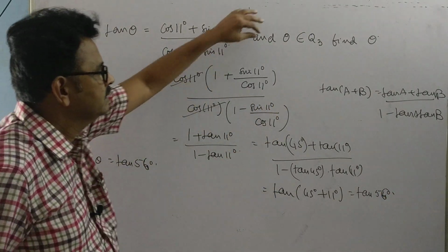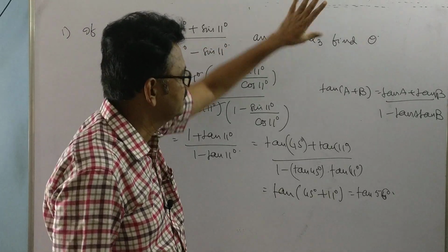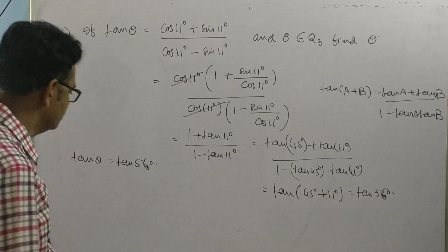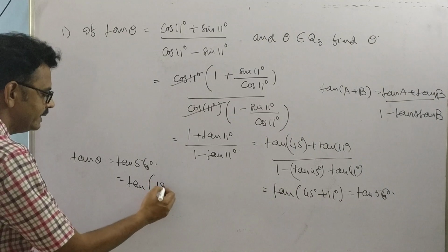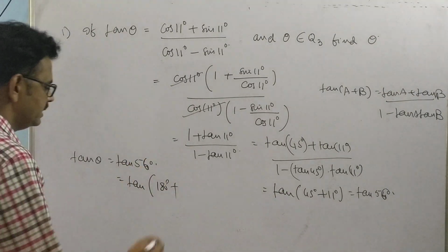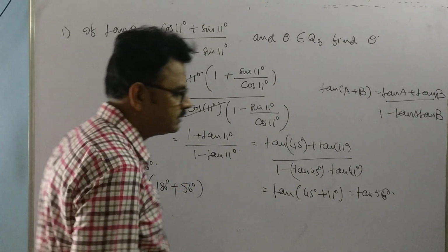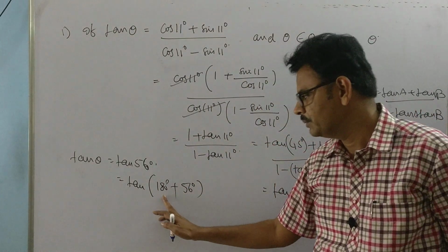But what is given? Theta belongs to the third quadrant, but 56 is in the first quadrant. So third quadrant means 180 plus. 180 plus 56 degrees is in the third quadrant, where tan is positive.